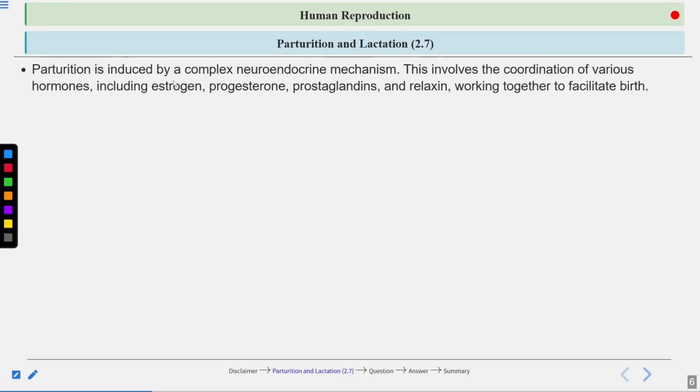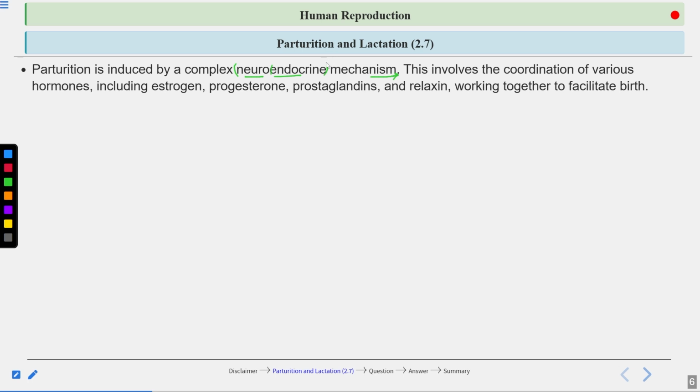Now parturition is induced by a complex neuroendocrine mechanism. Neuro means the nervous system is involved, and endocrine means the endocrine system, meaning hormones are involved. So it is controlled by the nervous system and by the hormones.